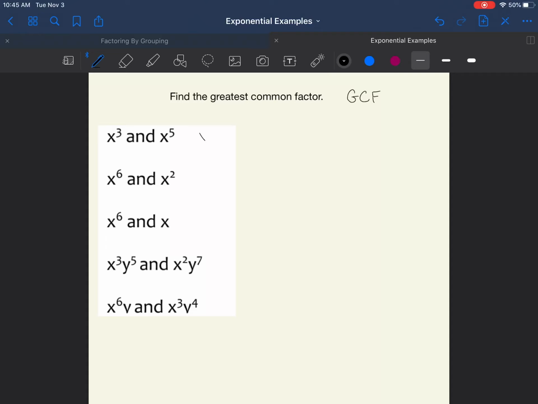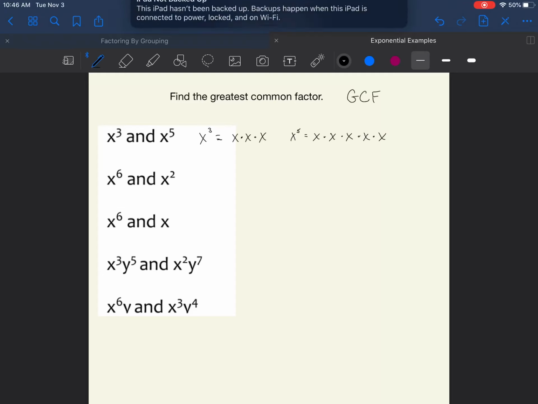So if we have x to the third and x to the fifth, the greatest common factor is what I can take out of both terms. I know x to the third is x times x times x. I know x to the fifth is x multiplied by itself 5 times. So I'm going to see what I can cross out from both of these.